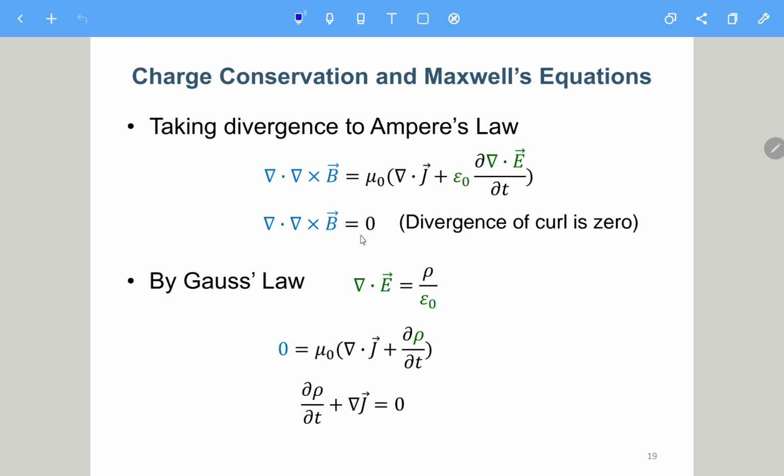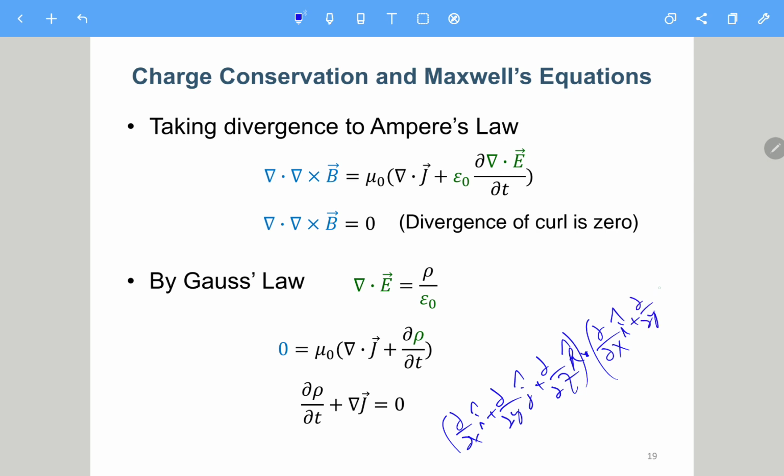You can just put it like partial x i plus partial y j plus partial z k, and then dotted with partial x i plus partial y j plus partial z k cross.